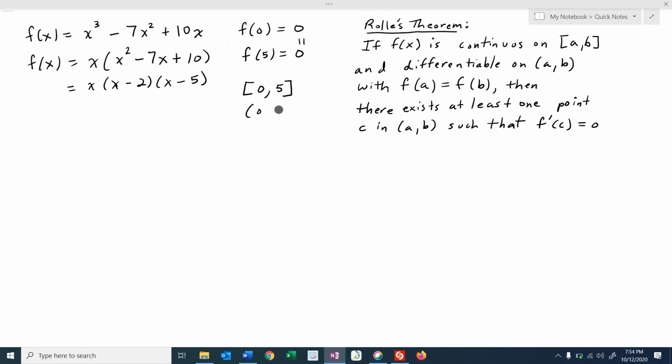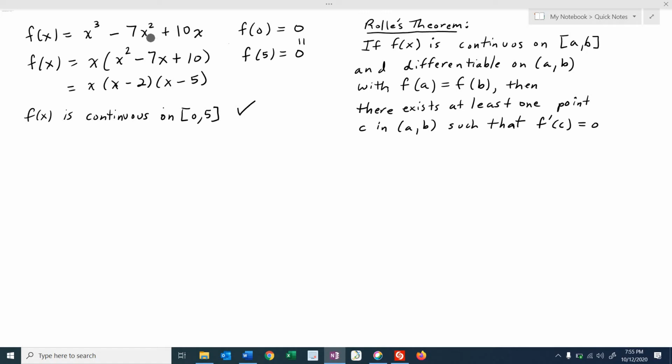We also have to show that it's differentiable on the open interval from 0 to 5. Okay. Now, the reason that's the case is because, again, this is a polynomial.